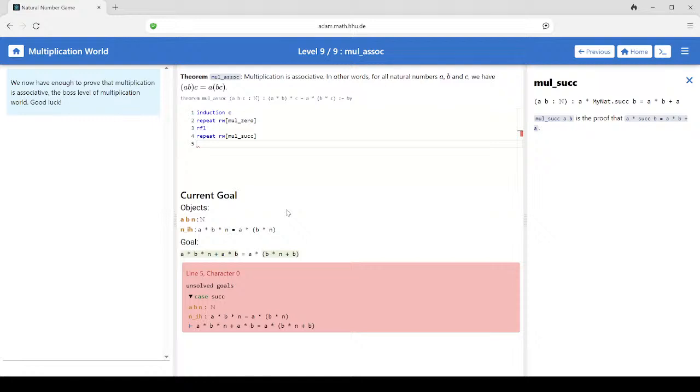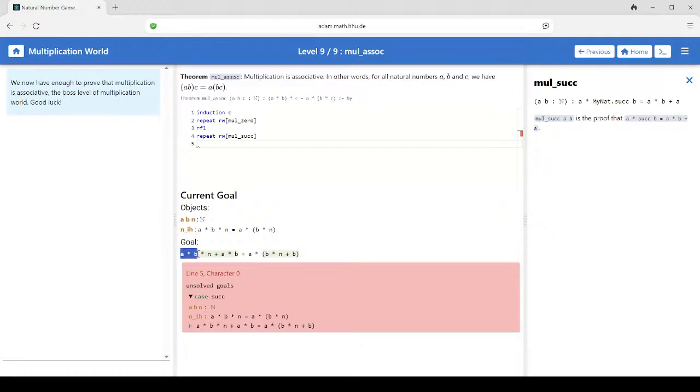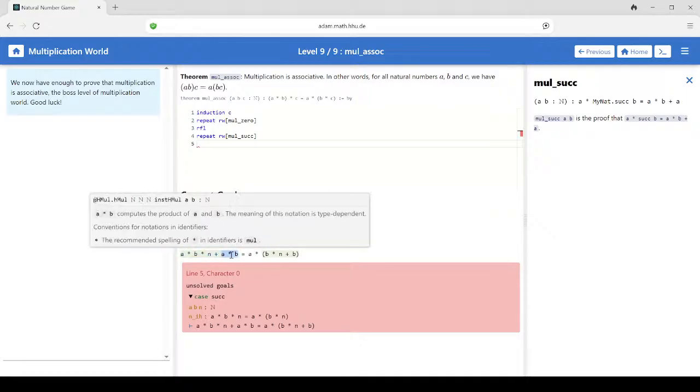And now we have A times B times n. Remember, imagine parentheses around these, because they're being done first. A times b times n plus a times b.